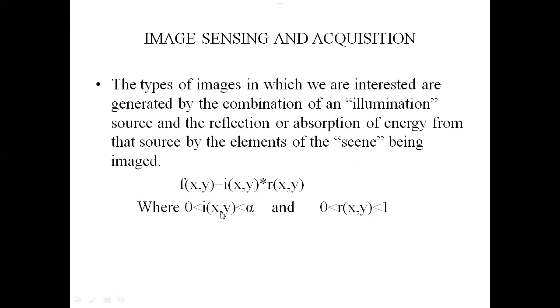The illumination i of x comma y ranges from 0 to infinity, and r of x comma y is the reflection, which ranges from 0 to 1. So f of x comma y is i of x comma y times r of x comma y.